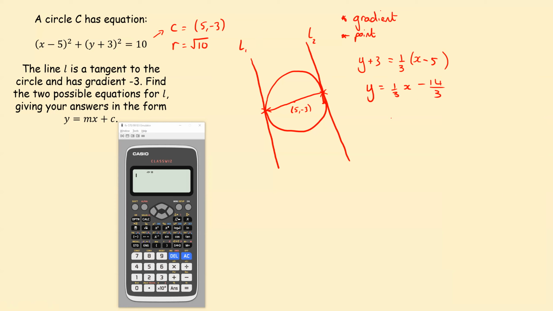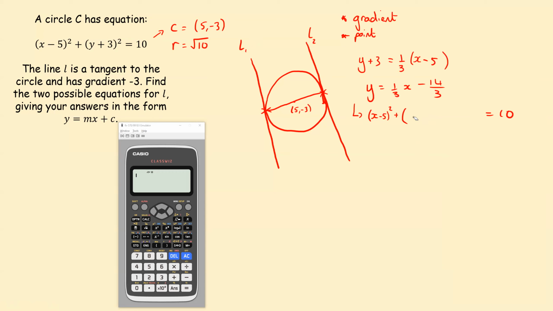From here, we're now going to substitute that into the equation of the circle. So I've got (x minus 5) all squared plus (y plus 3) all squared equals 10. So instead of this y, let's give myself a little bit more room here.